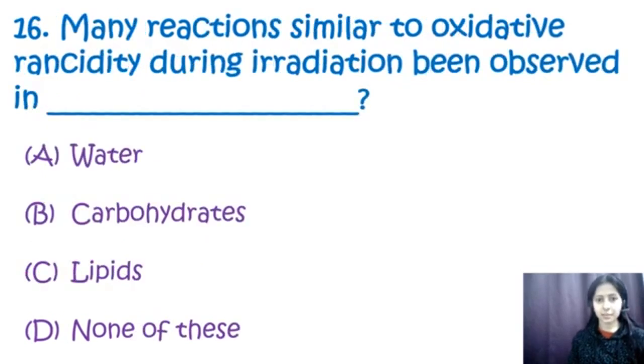Number 16. Many reactions similar to oxidative rancidity during irradiation have been observed in: option A water, B carbohydrate, C lipids, D none of the options. Many reactions similar to oxidative rancidity have been observed in lipids during irradiation. Irradiation can cause the formation of free radicals in lipids, which can lead to oxidation of the lipids and form off flavors or off odors.